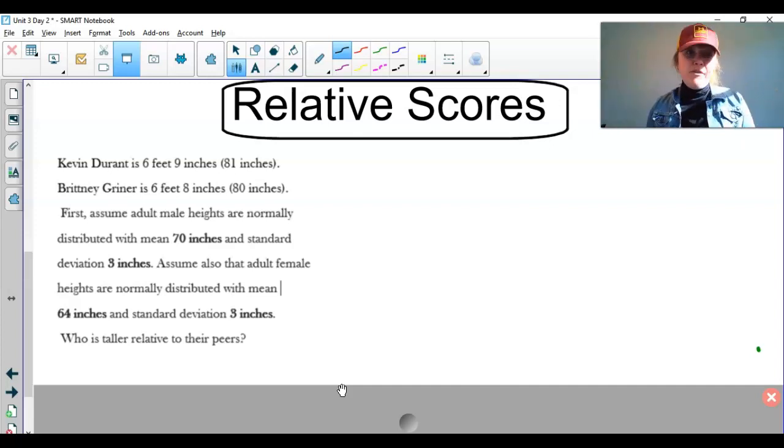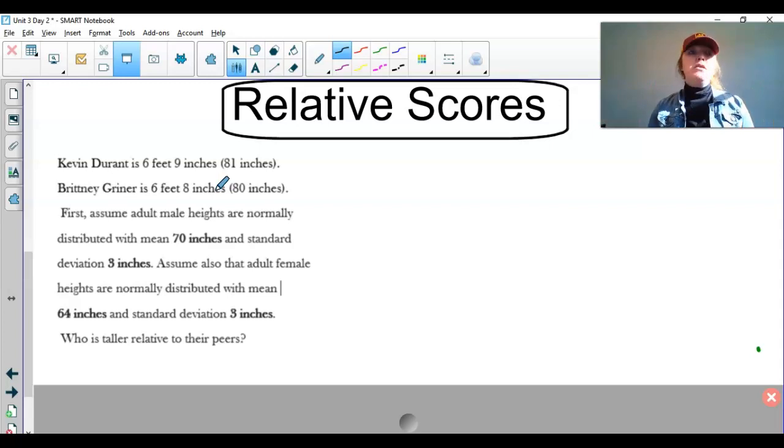So we have Kevin Durant, who is 6 feet 9 inches, which is 81 total inches. And then we have Brittany Griner, who is 6 feet 8 inches. Now, it looks like Kevin Durant is taller than Brittany Griner, correct? However, one is a woman and one is a man. What we can do is establish who is actually taller by comparing them relative to the populations they are in.